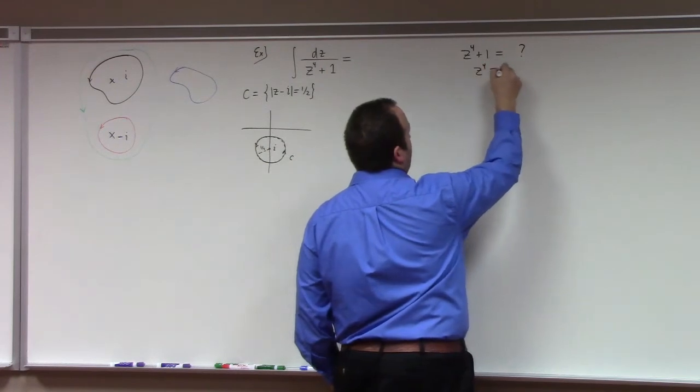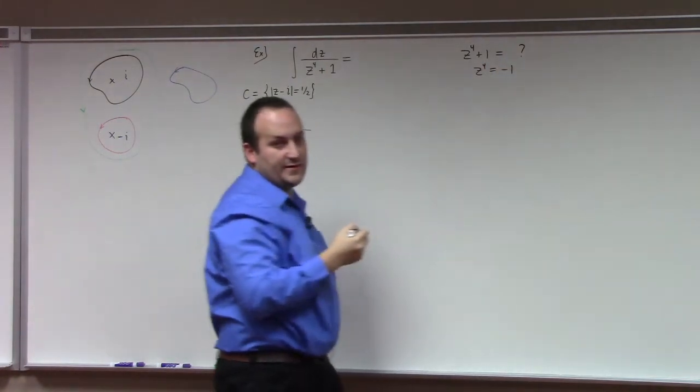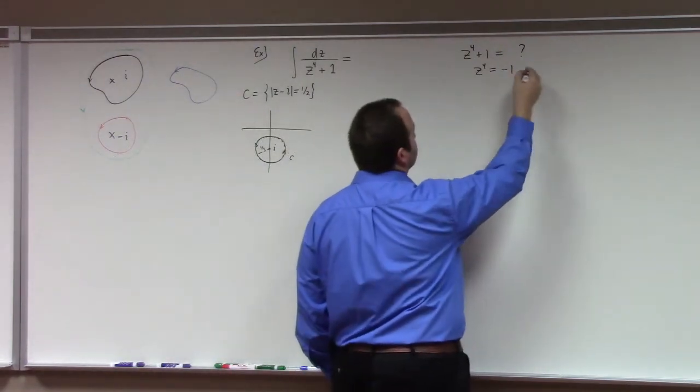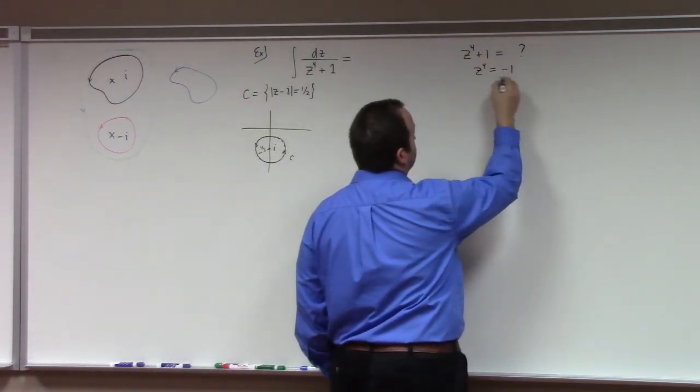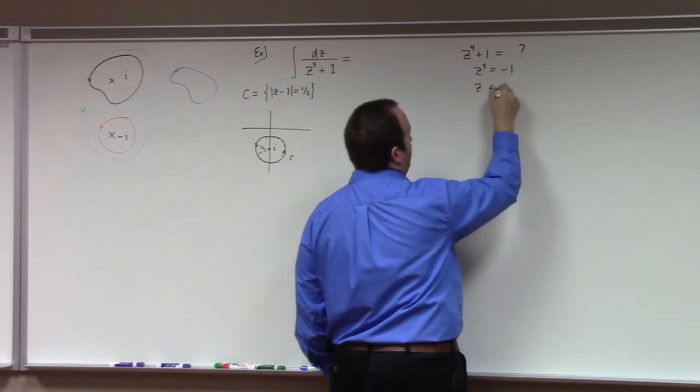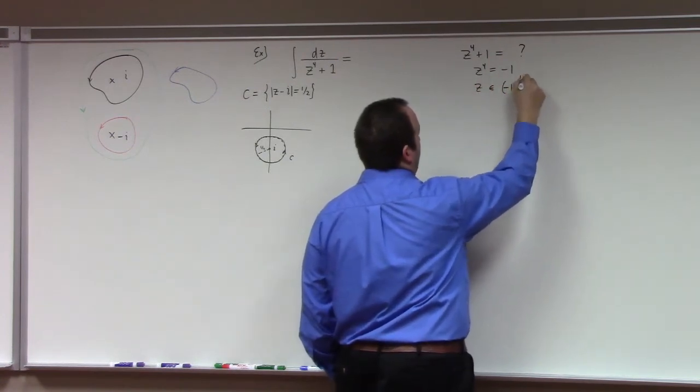So you just have to find the zeros of what? You have to solve z to the 4th equals minus 1, right? So what's that make z equal to? So the zeros here would be z an element of the 4th roots of minus 1, which are what?